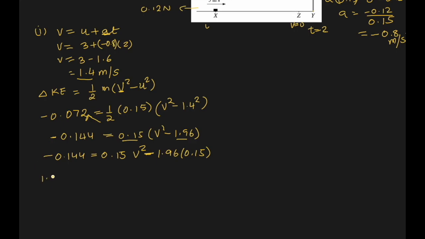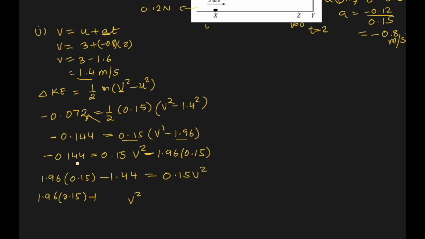So 1.96 times 0.15 minus 0.144 equal to 0.15 v square. And let's leave v square here and divide by 0.15. Not 1.44, I made a mistake here.